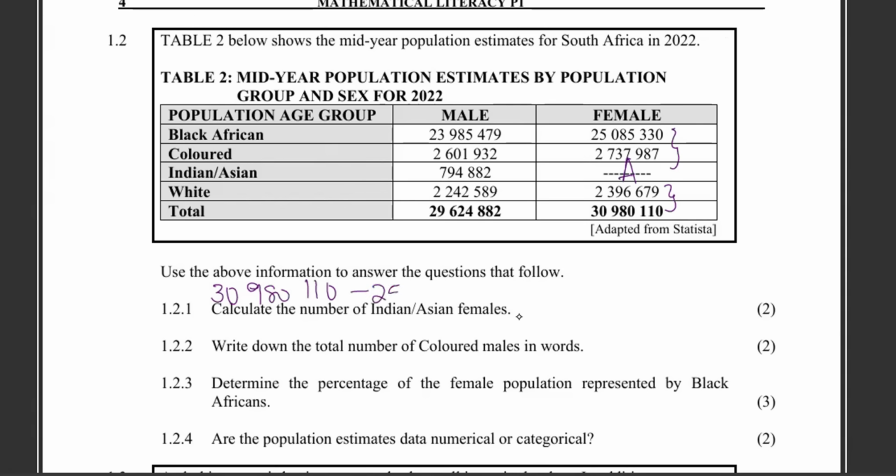We shall subtract the 25,085,330, minus 2,737,900, then minus 2,960,679, and the answer became 76,114.